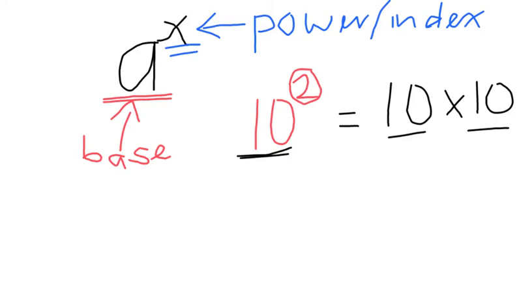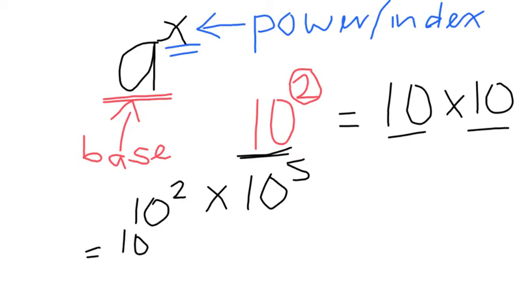What about if we had a question that was 10 to the power of 2 times 10 to the power of 5? How would we work out an expression like this? With the new information we've just found out, we know that 10 to the power of 2 equals 10 times 10.